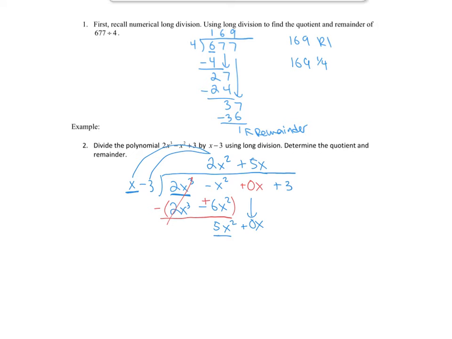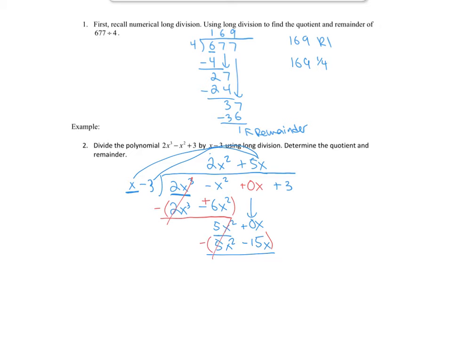And now I'm going to multiply 5x times x and 5x times negative 3. 5x times x is 5x squared. 5x times negative 3 is minus 15x. Now I subtract.